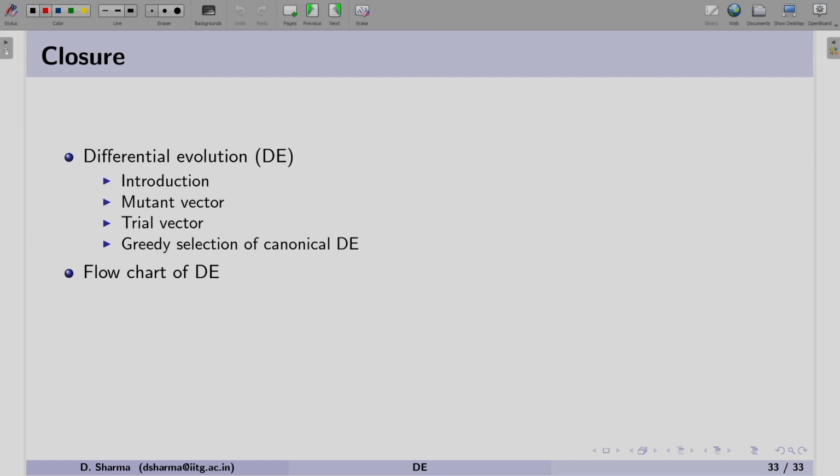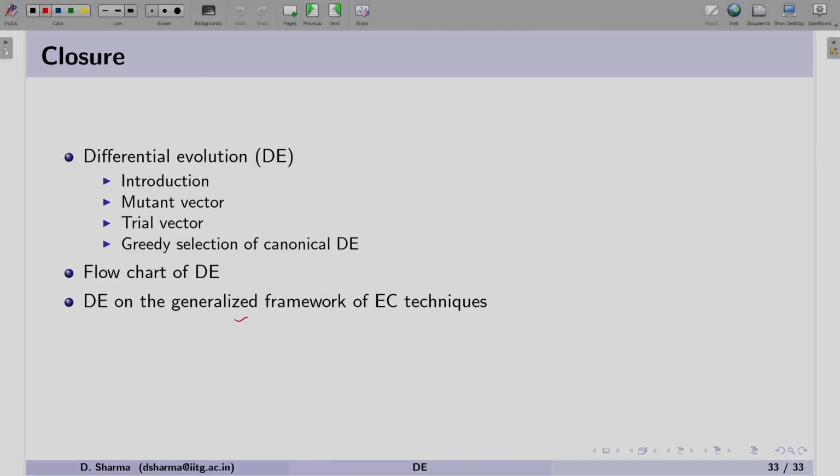After following that, we explained the flow chart of DE. Thereafter, we fit DE on the generalized framework. In that framework, we understood the operators and processes that we changed, and accordingly we created the mutant vector and the trial vector for each target vector i.